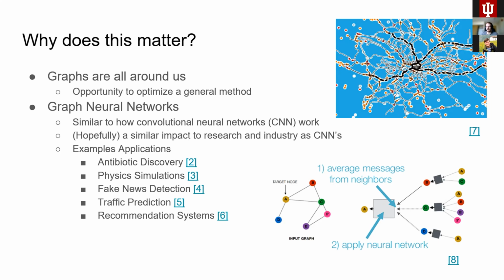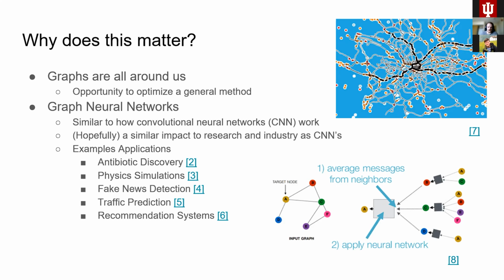So just like we have linear algebra, which backs a lot of software today, graph neural networks and graphs in general back a lot of the data structures that we have today. So if we can optimize this, we can see a performance improvement in a variety of different fields.